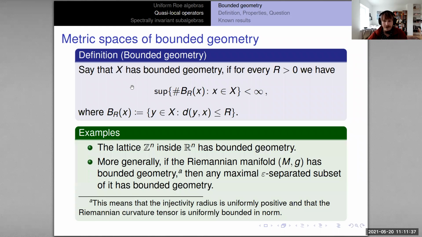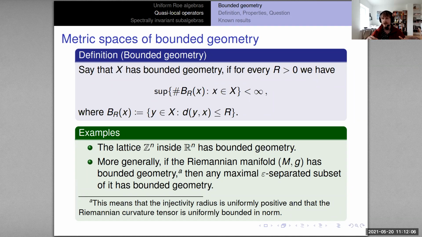So, very basic examples. The first one, of course, is if you look at the lattice Z^n inside R^n, then it has bounded geometry, obviously. But you can actually generalize this, namely, if you have a Riemannian manifold which has bounded geometry in the Riemannian manifold sense. This is what the footnote here explains. Bounded geometry in the Riemannian manifold sense means that the injectivity radius is uniformly positive and the Riemannian curvature tensor is uniformly bounded.